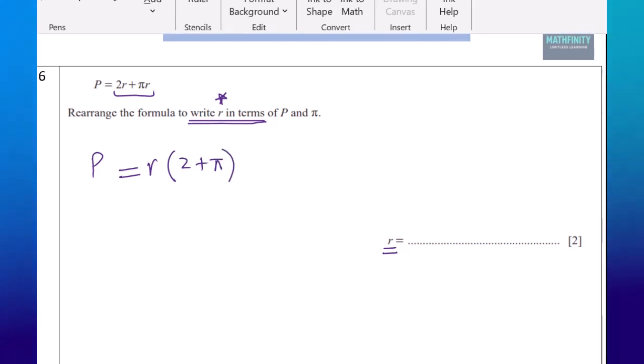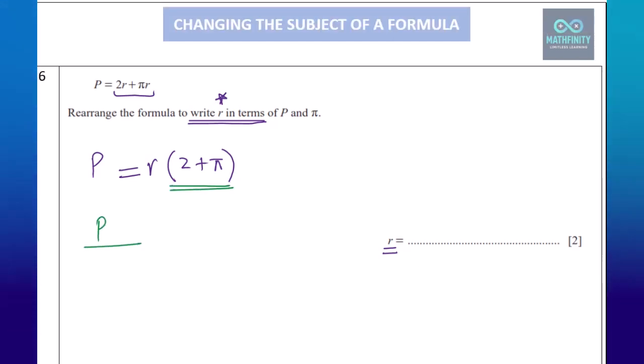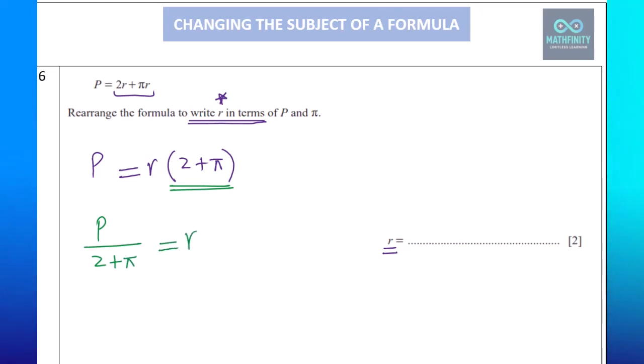We don't want this factor now. When you shift it to the other side, it will be in the form of division because this bracket is multiplying with R. So you have to write like this. This is the final answer. So you will write in the answer space P over 2 plus pi.